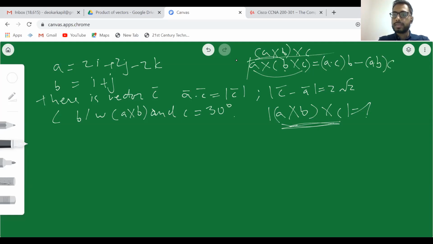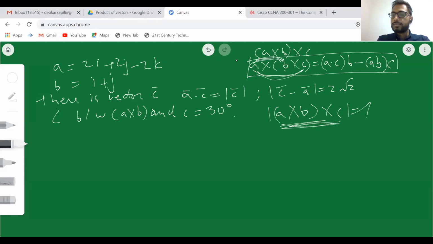This is your standard vector triple product formula: A cross B cross C is equal to A dot C times B, minus A dot B times C.